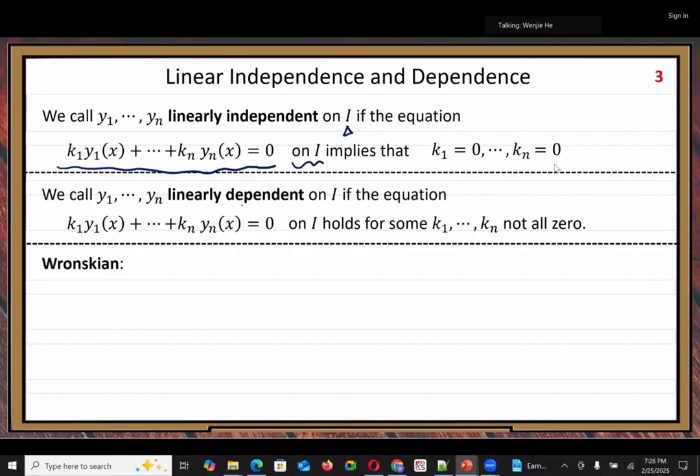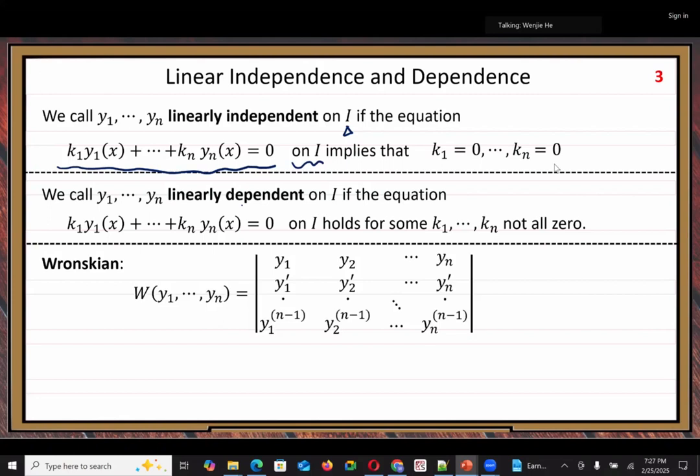Based on these two definitions, we can derive the Wronskian result. We do not calculate it here, it's very easy, we just give the result. The definition of the Wronskian determinant, but this time it's the determinant of an n by n matrix, n rows, n columns.